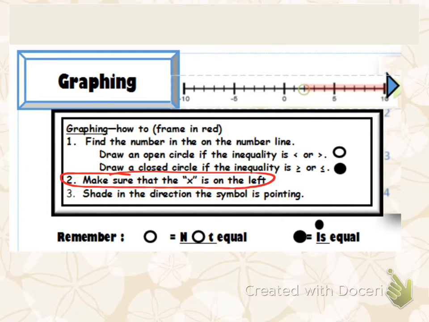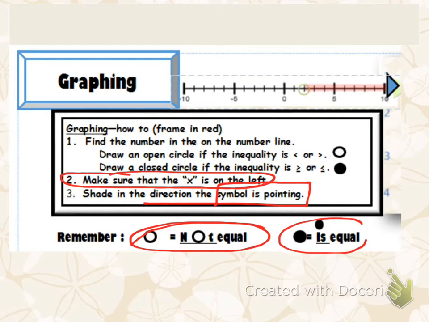And then it says, shade in the direction the symbol is pointing. We're going to get to what that means in just a second. So remember, open circle, and this is in your notes also, means not equal. Closed circle means is equal. Okay? Now, let's go to an example of this.